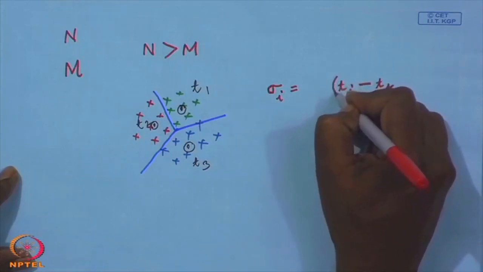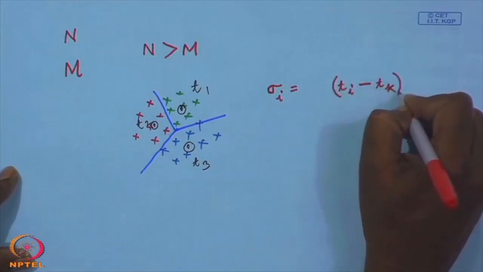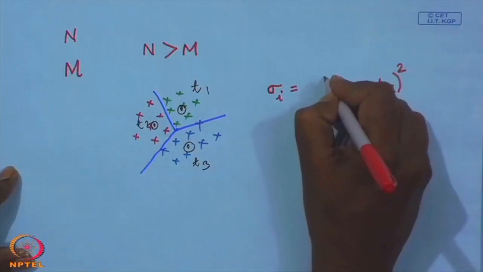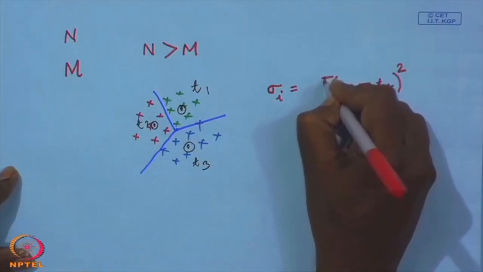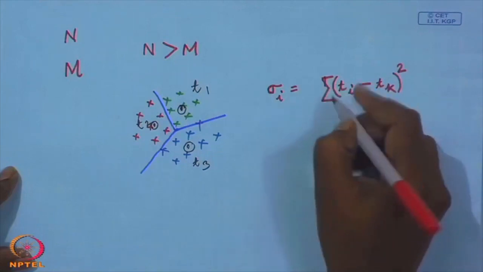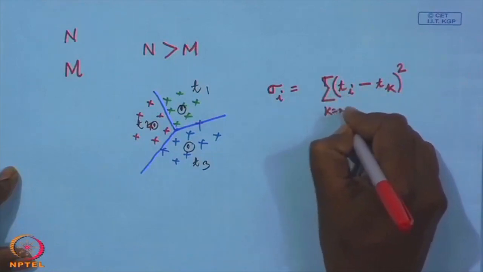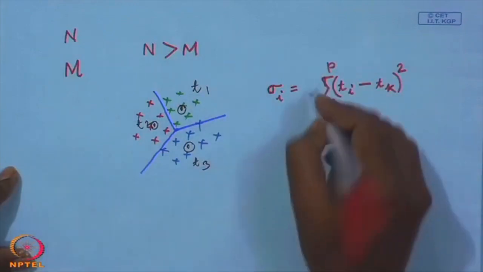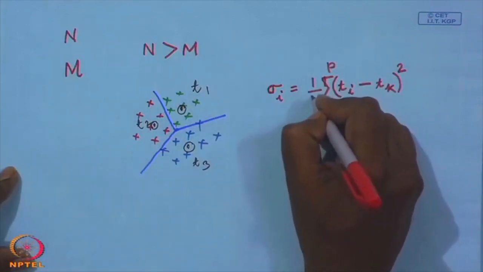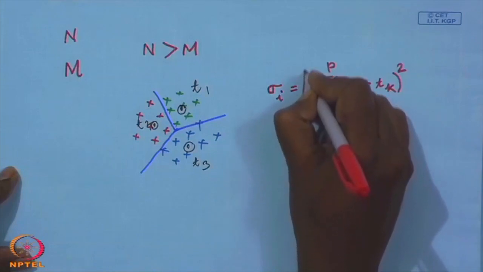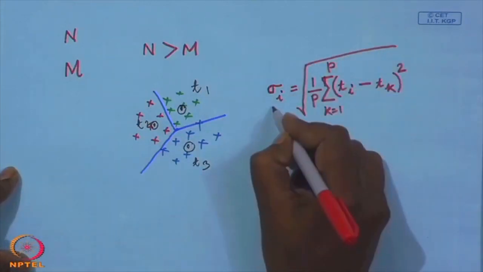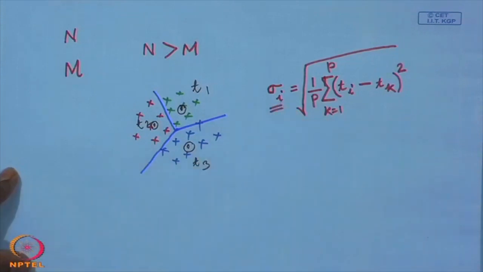I compute T I minus T k square, take the summation of this for k equal to 1 to p, as I have p number of receptors, take 1 upon p of this, and take the square root. This defines the spread of the ith radial basis function.